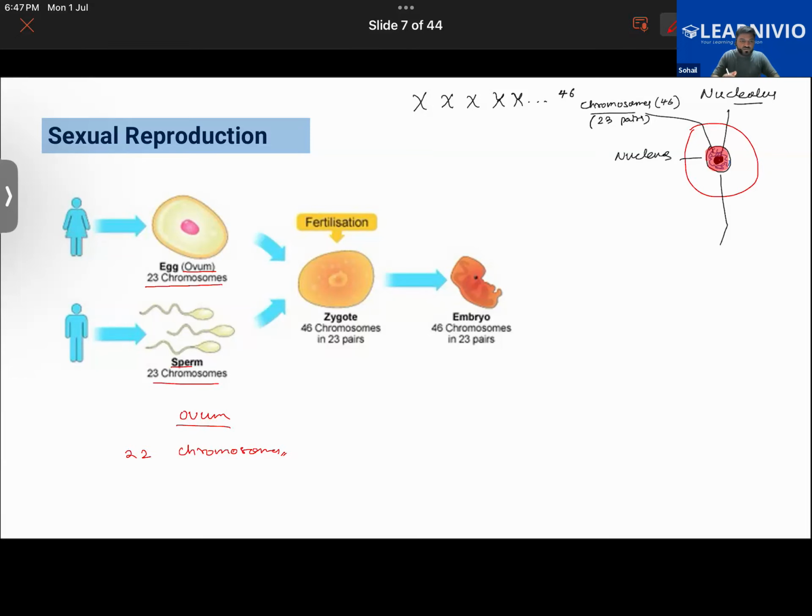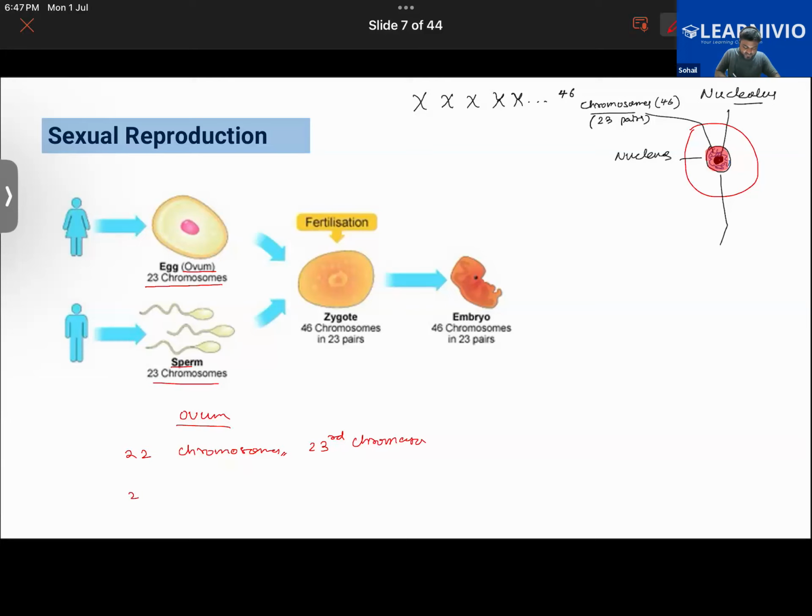How the female looks, what is the color of her eyes, how her hair looks, bodily features, etc. While the 23rd chromosome will be taking part in reproduction particularly. It will be different from other chromosomes. Try to understand.